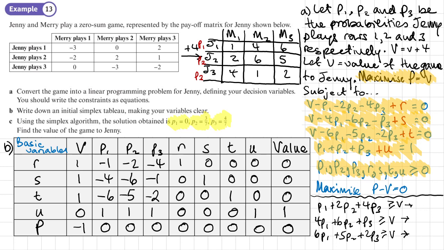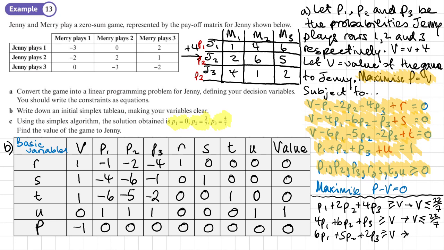So V is less than or equal to 22/7. I'll do the same for the next one. V is going to be less than or equal to, so we'll replace P1 with 0, so we've got 4 times 0, plus 6 times 3/7, plus 4 times 4/7, and that will also give me a value of 22/7, so V's got to be less than or equal to 22/7.